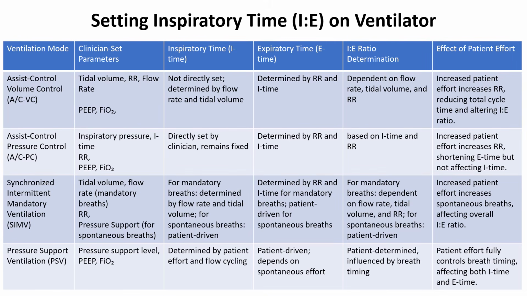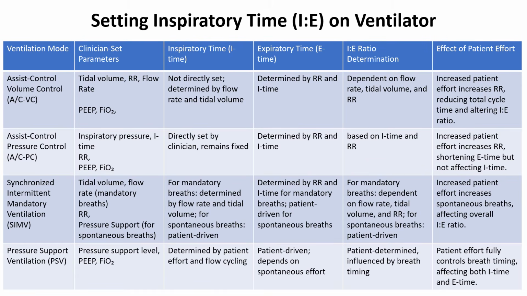Here is a big table of how inspiratory time, expiratory time and I/E ratio is determined in other modes of ventilation. If we understand volume control and pressure control ventilation, we can directly determine I time, E time, and the I/E ratio in other modes since they follow the same fundamental principles.